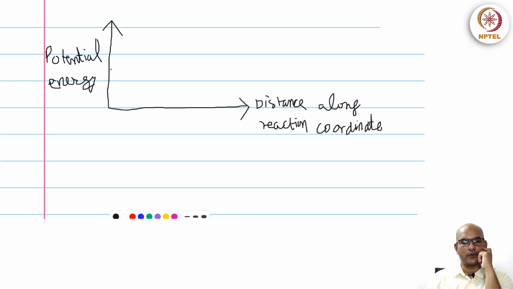So we start with the reactants A plus BC. Now the energy of the reaction system is going to increase as they approach each other, and as they form a situation which is A, B, C, and this symbol is for an excited species.